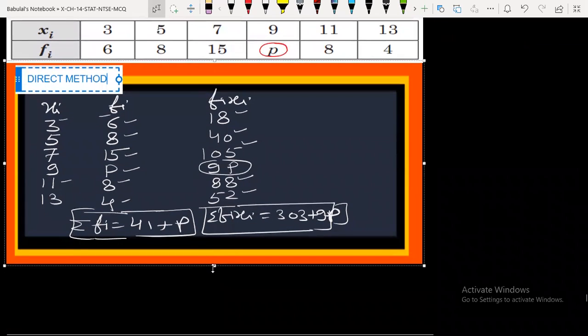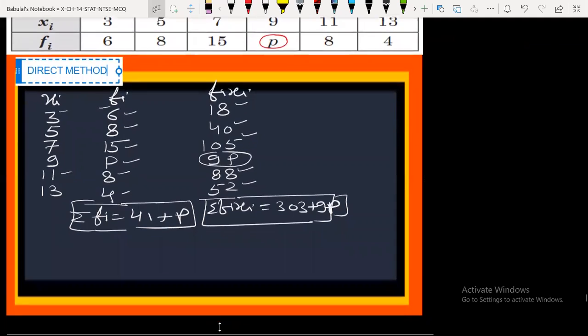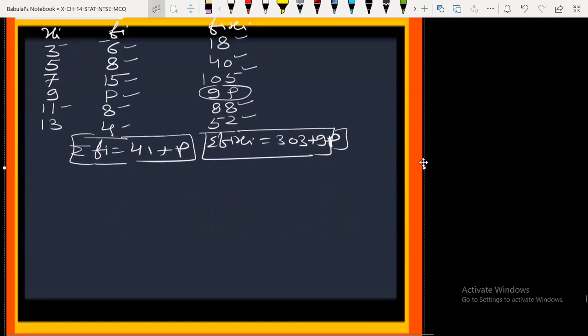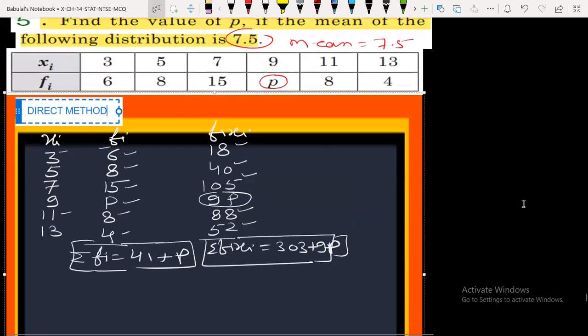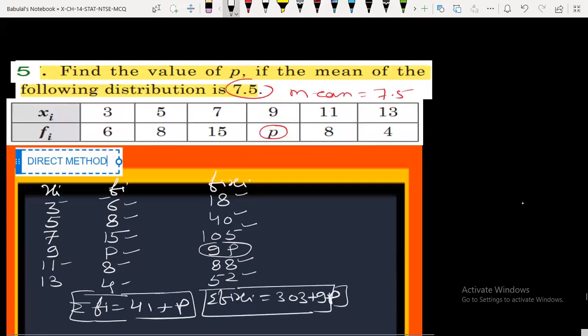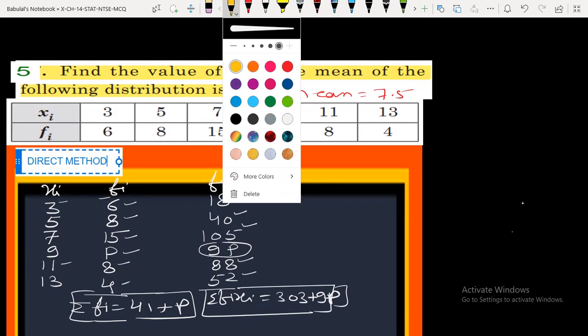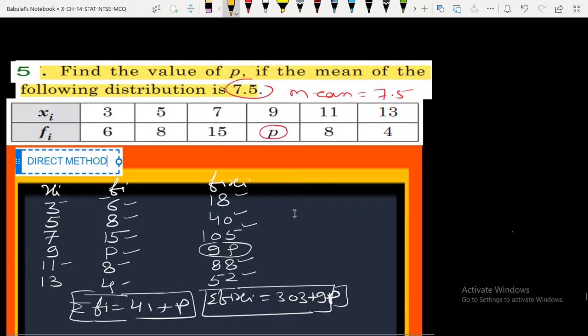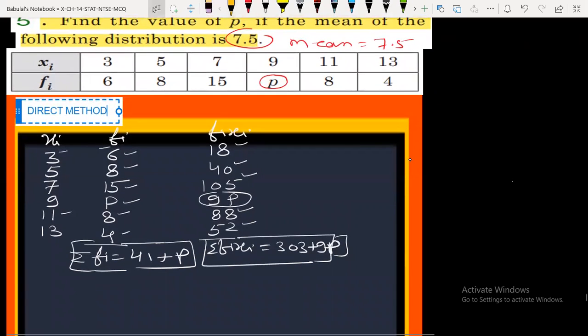And now we have to use the formula for this. We know that the formula for the mean is, we have the formula here. Yes, mean is already given, 7.5.